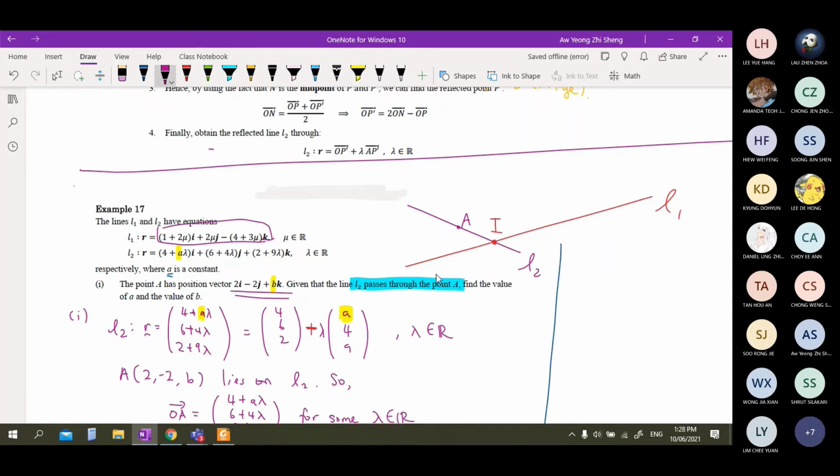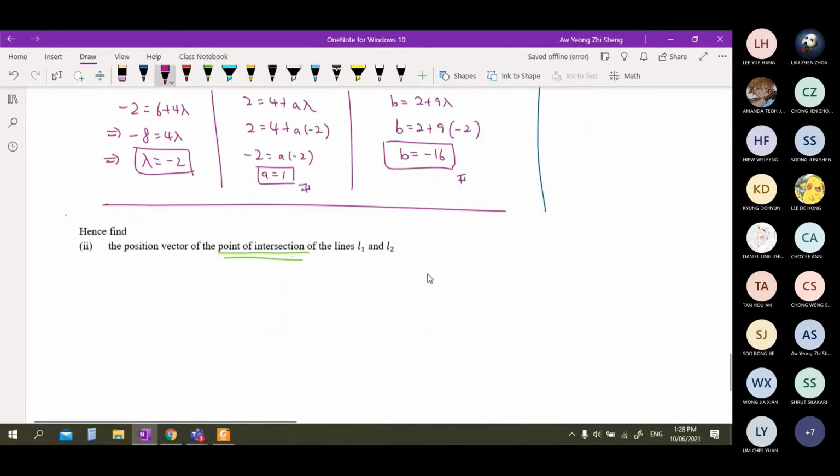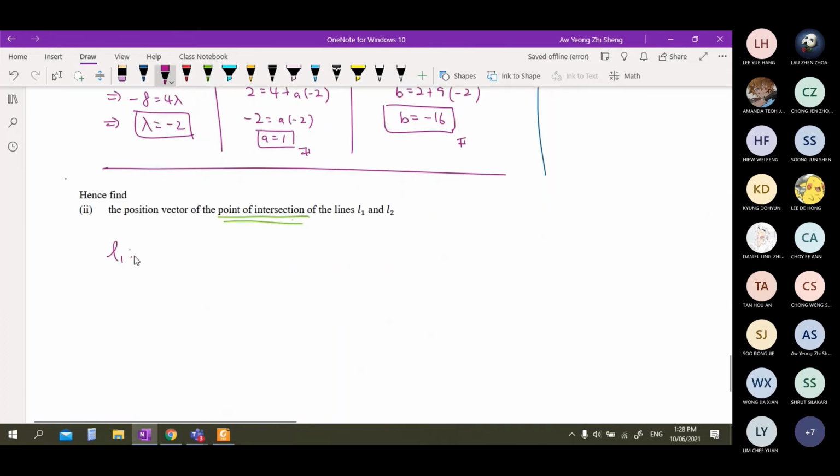Okay, before that, let's just write down L1 and L2, the equations of the two lines in a more familiar form. L1 is r equals 1 plus 2 mu, 2 mu, and you're given negative of 4 plus 3 mu.